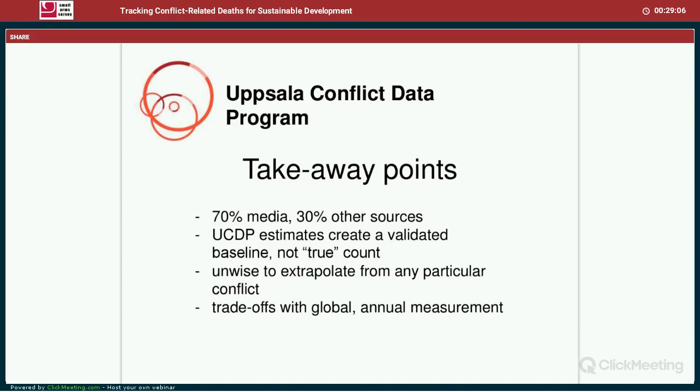We've spent the last 40 years improving on our sources, improving on our data collection procedures in order to ensure that we're capturing as much as we possibly can that's out there on conflict fatalities, given the parameters of what we want to do. I think people who are working with different kinds of aims will be able to use different methodologies. But this is where we've landed in terms of finding an approach that's practicable for making annual global estimates.